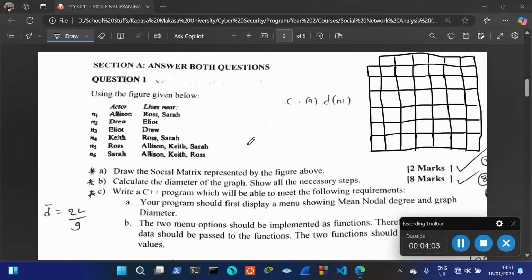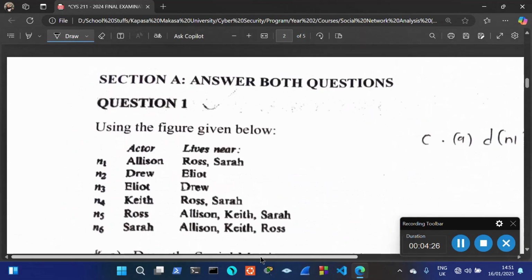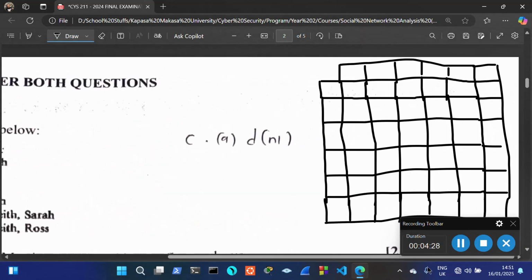Okay, so now what I was saying is that we need to come up with 6 rows and 6 columns. Remember, our nodes or actors are denoted by N1, N2, N3, N4, N5, N6. So these will be displayed in our row and in our column. So let me just zoom in properly so that we get to do the work here nicely.